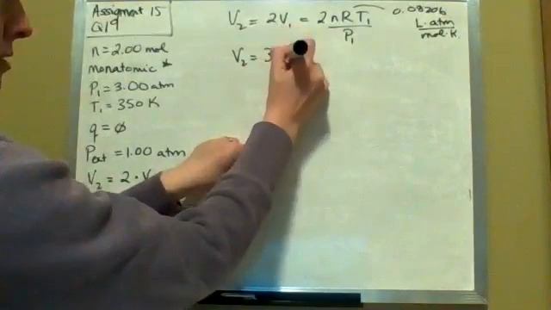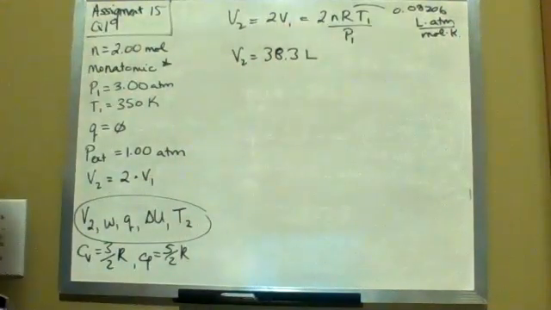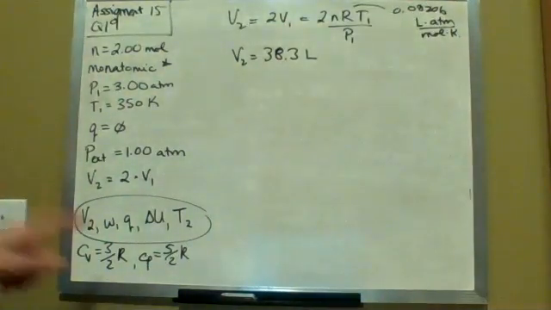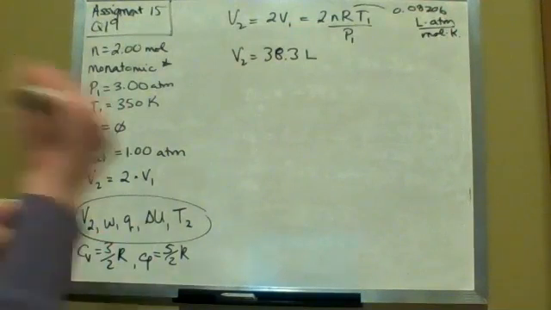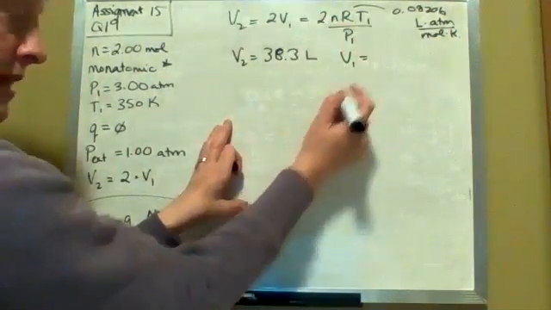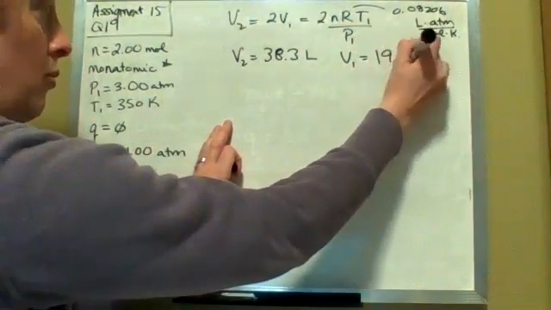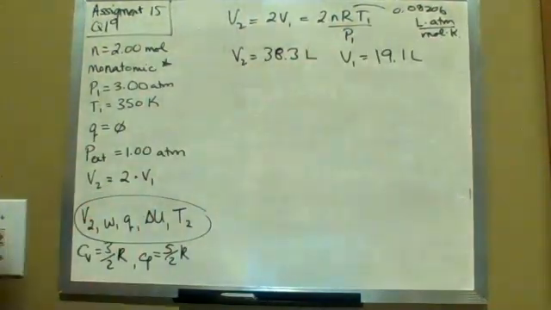And so you should end up with V2 of 38.3 liters. Now the next part you can go for is the work, because you now know your volume change. So you can solve for V1 as well. And V1 is 19.1 liters, or 19.15 if you want to keep that decimal.